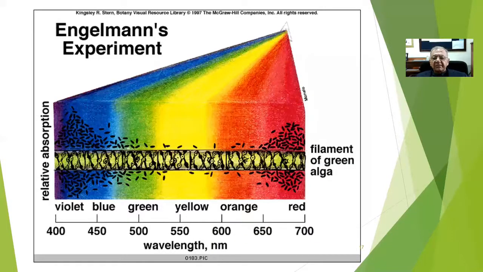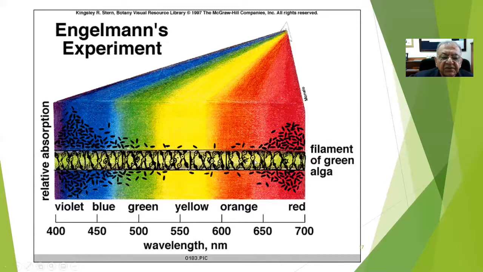This is Engelmann's experiment, and with the help of this experiment, he proved that blue and red are the wavelengths which are important. I told you that here he used Spirogyra, which is a green alga. It has chloroplast.